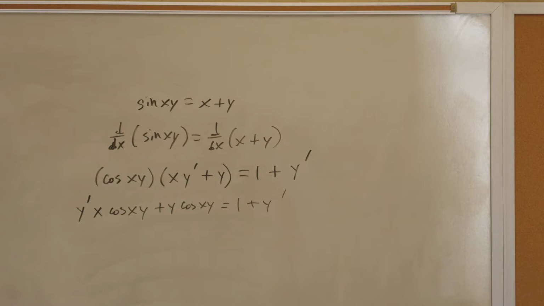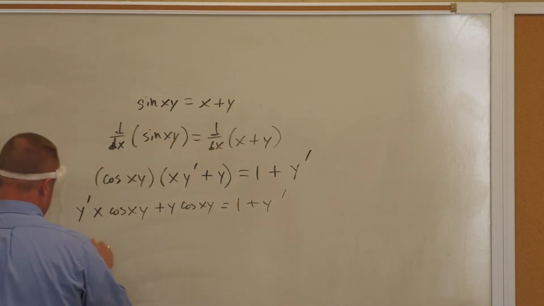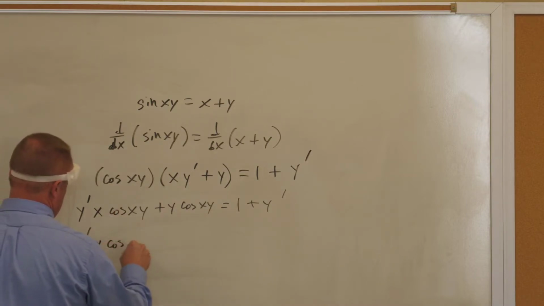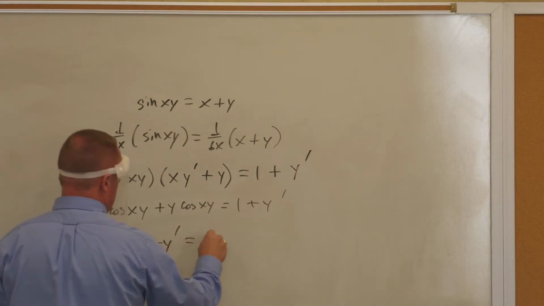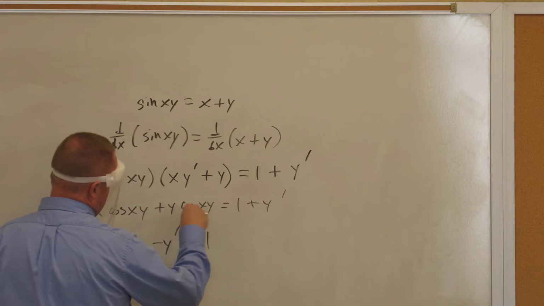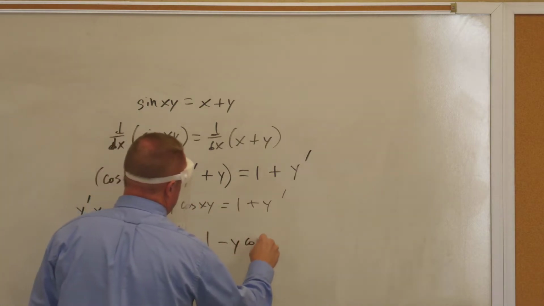Okay. Let's get the y primes together and everything else on the other side. So I would leave that where it's at. Subtract y prime. And then leave the 1 and subtract the y cosine xy.